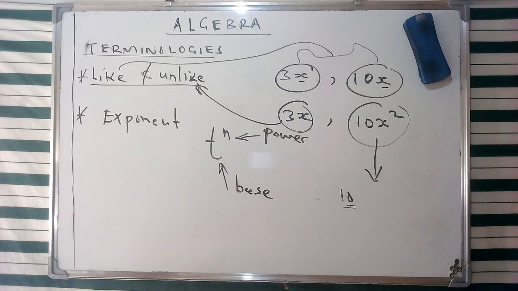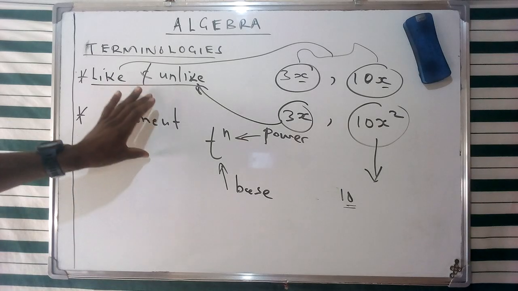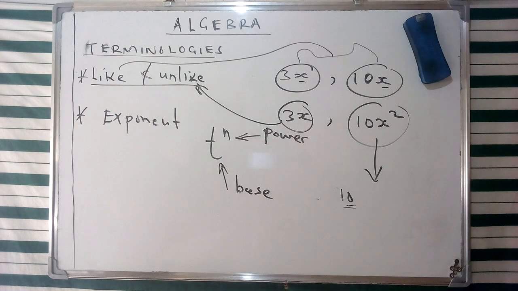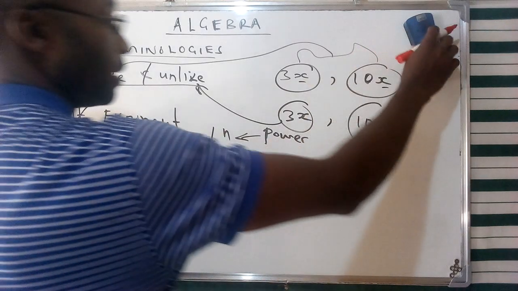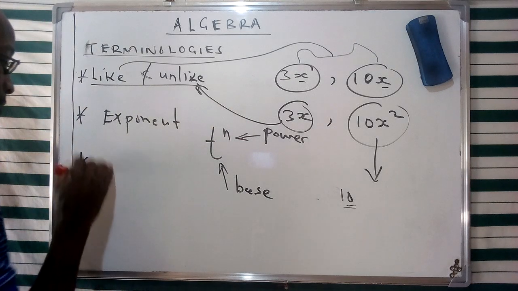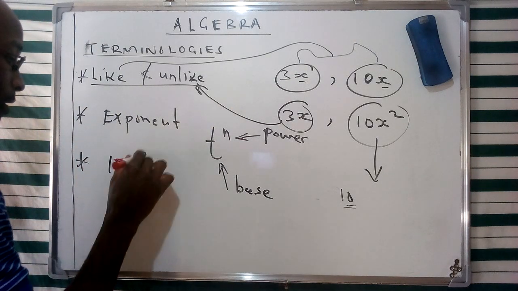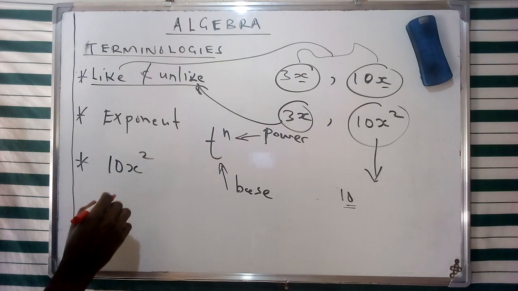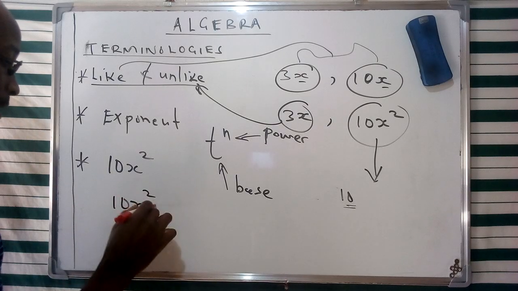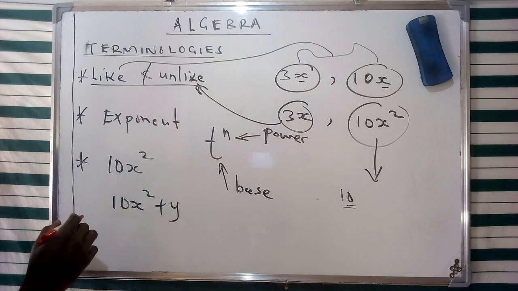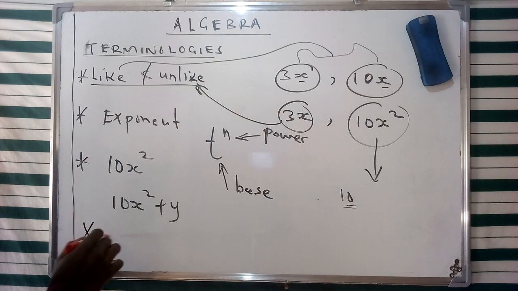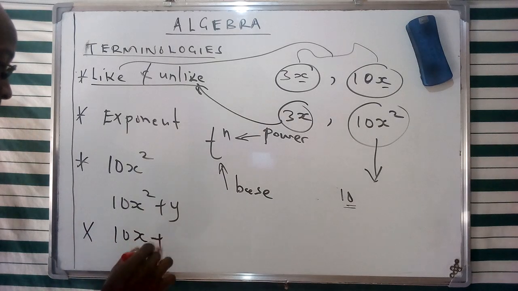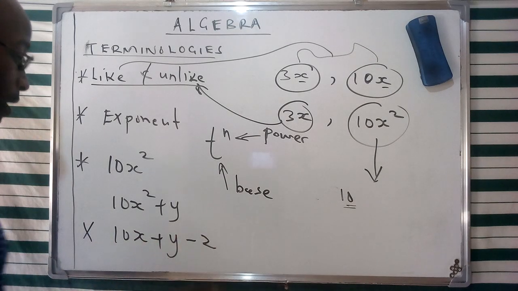And then I'm going to mention the concept of algebraic expressions which are going to consist of a number of terms. Now, in the first case I had given an expression, so I can give an expression of 10x squared, and then I can give 10x squared plus y, and then I can give an expression of perhaps 10x plus y minus 2 given as such.